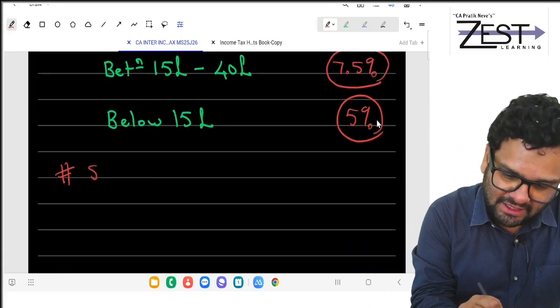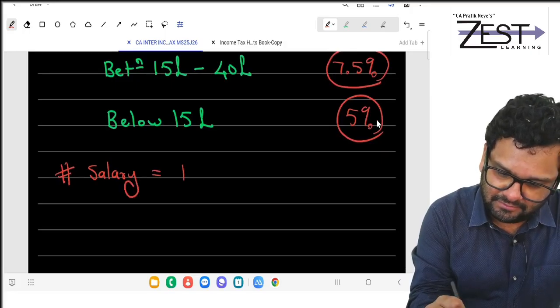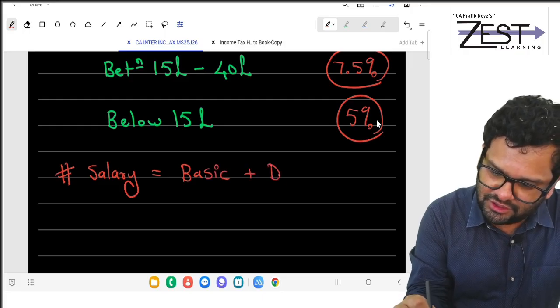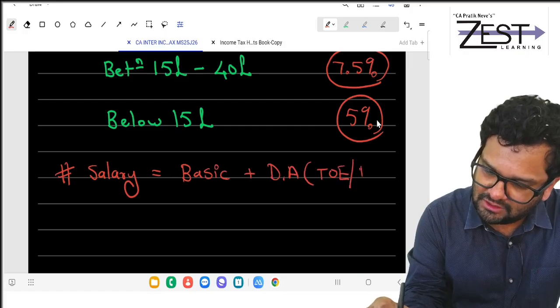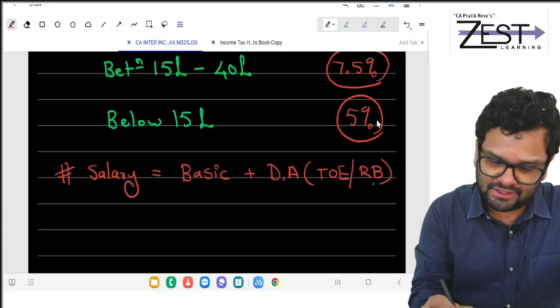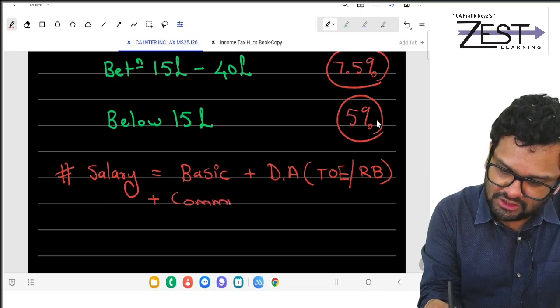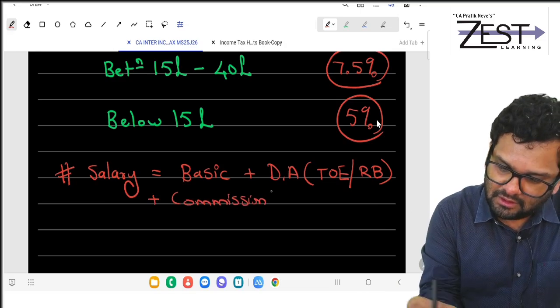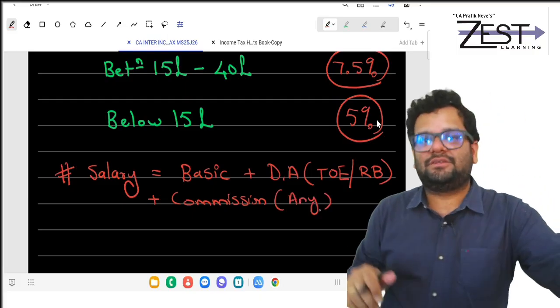So here salary is equal to basic plus again DA. Which DA? Terms of employment slash forming part of retirement benefits plus what? Commission. Which commission? Here any commission.